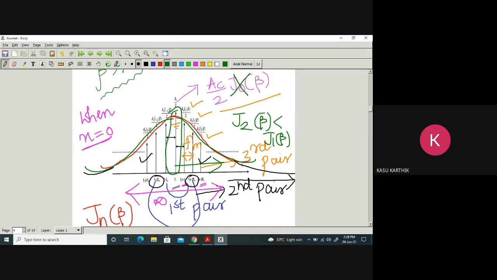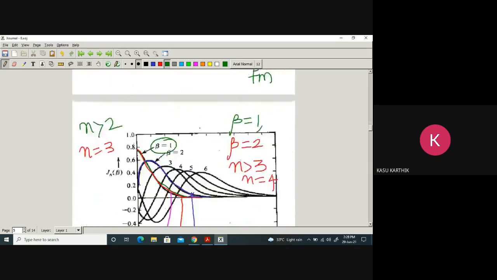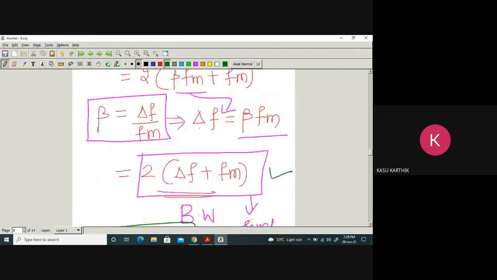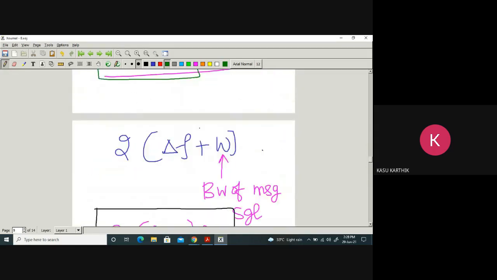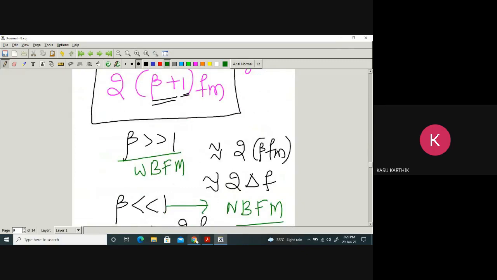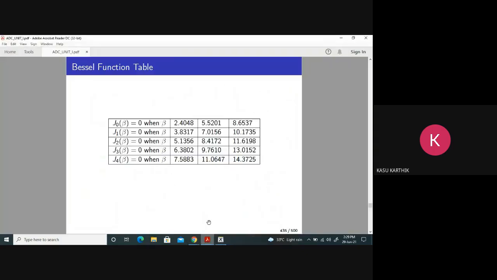You must remember these values. You must know when J0(beta) is becoming 0, whenever beta equals 2.4, 5.5, 8.6, and so on. Just remember this 2.4.